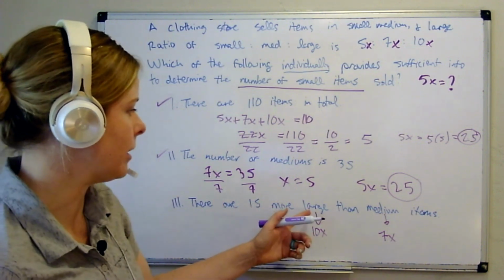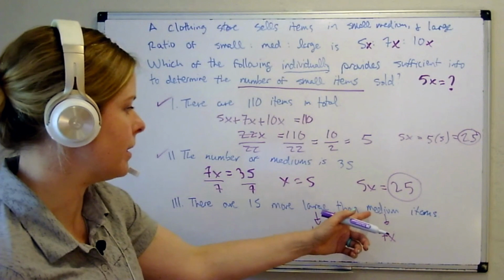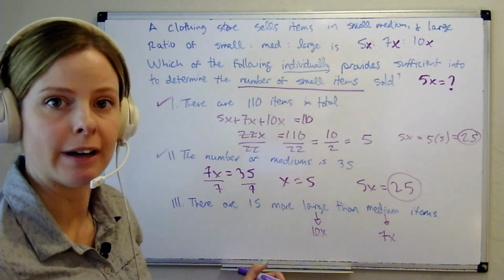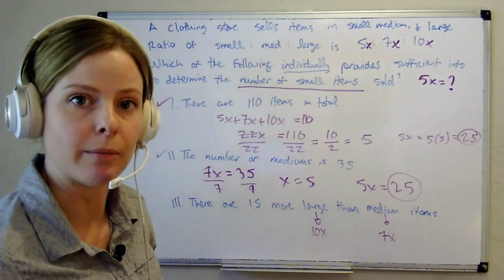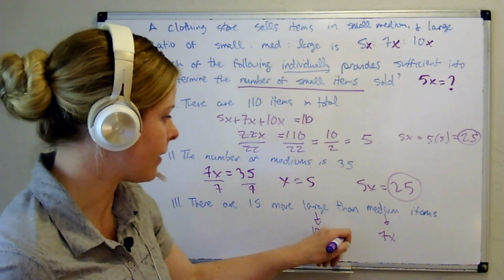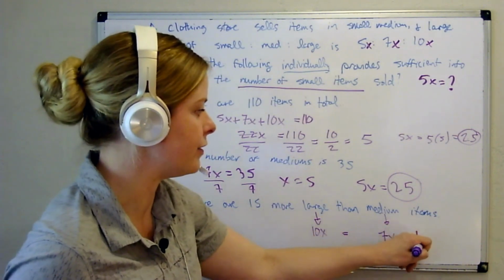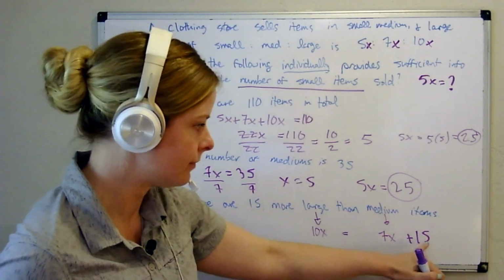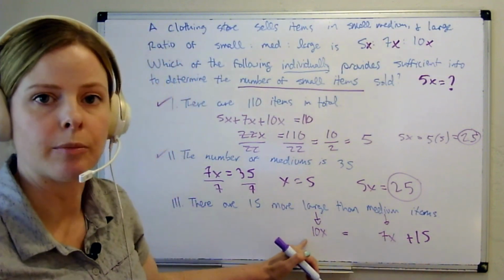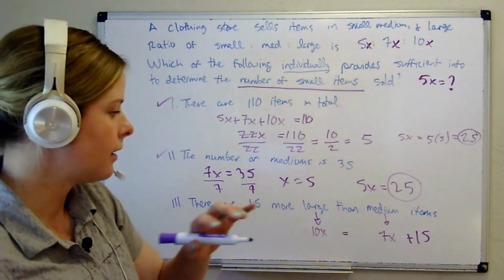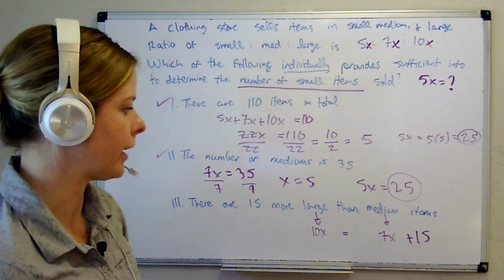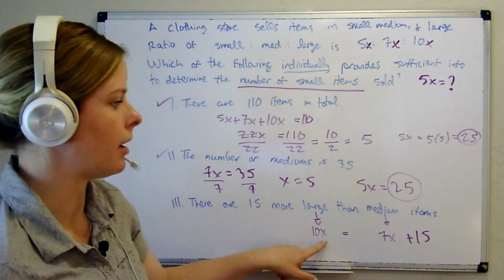And what this is telling me is that my number of medium is a little bit smaller than my number of large, right? My number of large is 15 more than my number of medium. So that means I have to take my 7x and add the 15 to it. So take my number of medium, add 15, and then I'll end up with my number of large. This logically checks out if you think about it, because x is going to be a positive number.